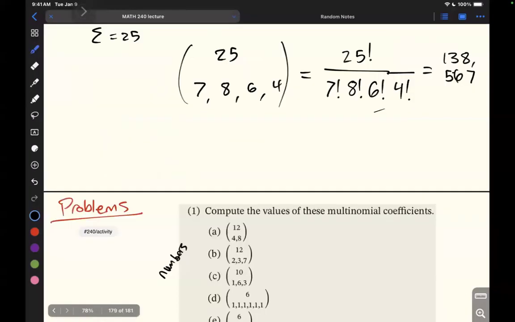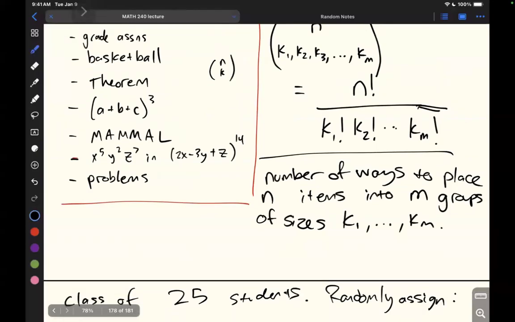So this is assuming distinguished items into M distinguished groups. This is a matter of the question not being explicit. This is an implicit assumption that we have made for this question.